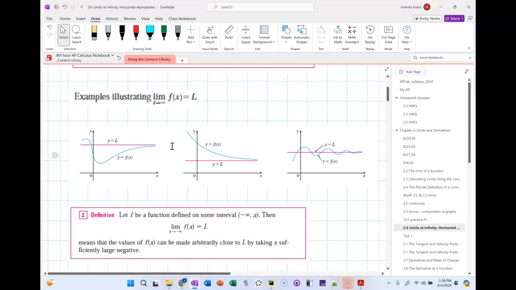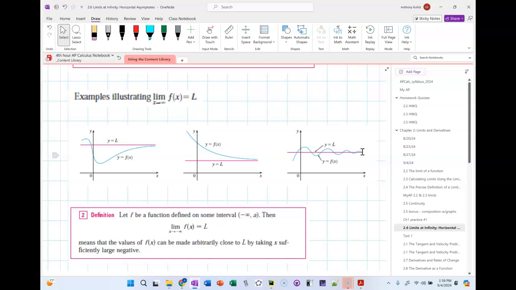So again, that limit can kind of exist 3 different ways, right? We can approach that limit from below, we can approach that limit from above, or we can approach that limit oscillating, where it's starting off big and then settling down, but it's always bouncing back and forth above and below, above and below, above and below.